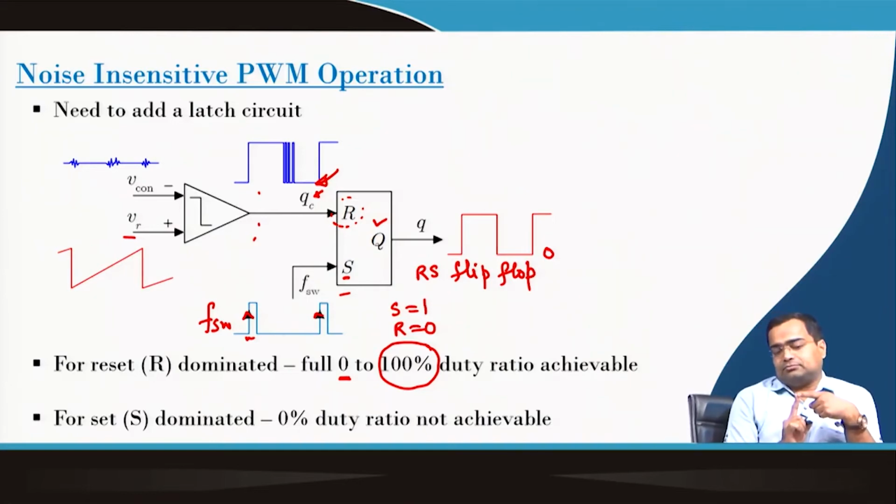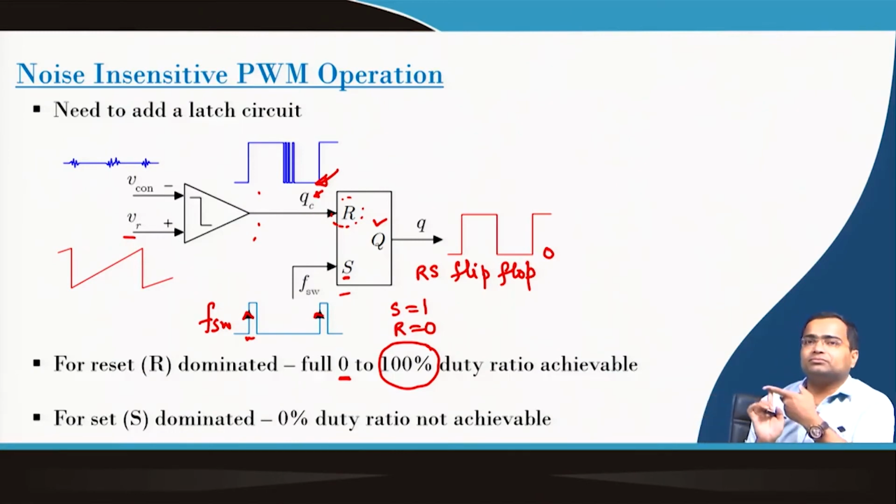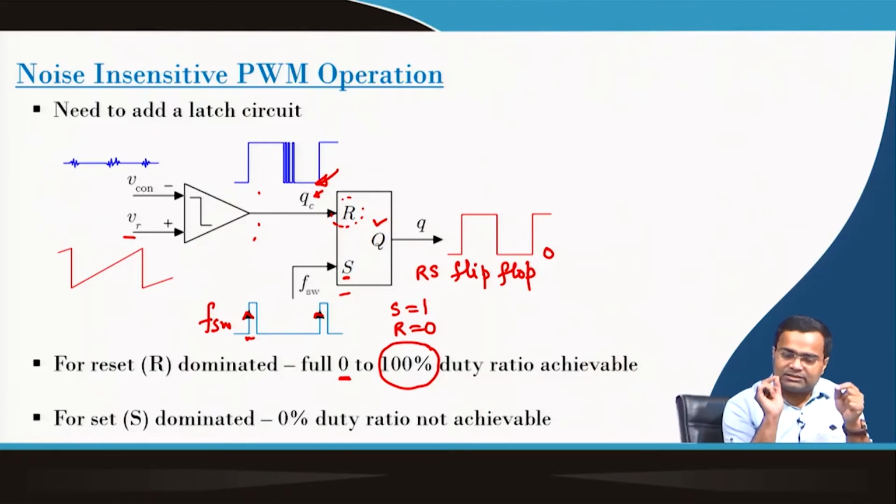If you make set dominant, that means you want to make sure that if the rising edge of the set signal comes and the rising edge of this QC comes, I want to turn on the switch, and after some time when another edge comes, it will turn off.